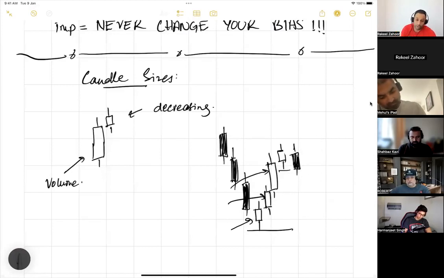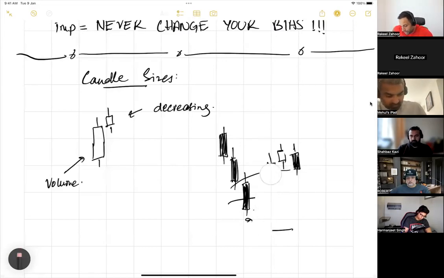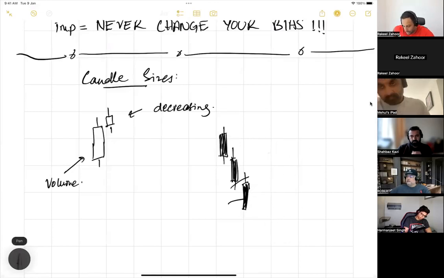Right? So size of the bodies, they matter a lot. And in impulse entries, we're also going to talk about what if the candle closes at support. Let's say we have price coming down, and the candle closes as a small body candle at support.